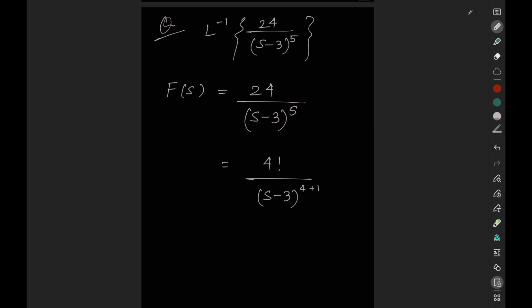So this comes from the formula Laplace of t to the power n with shifted s. So the Laplace inverse of F of s will become t to the power 4 multiplied by e to the power at. A is 3, so e to the power 3t. This will be the answer.